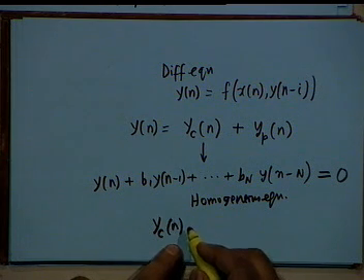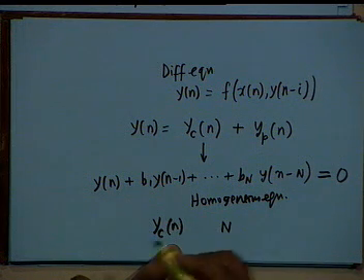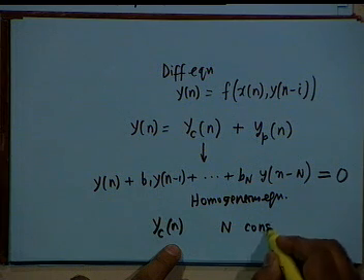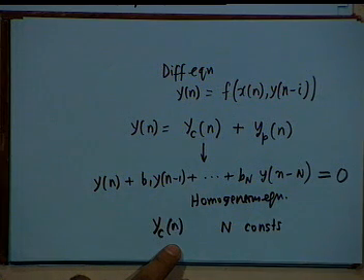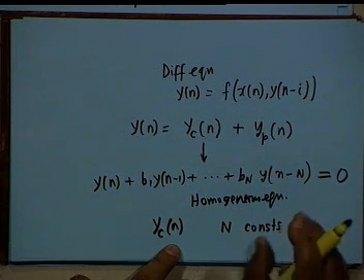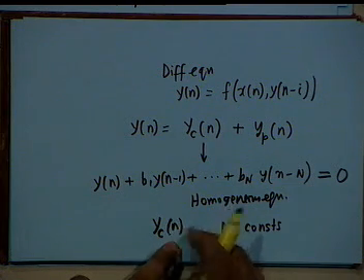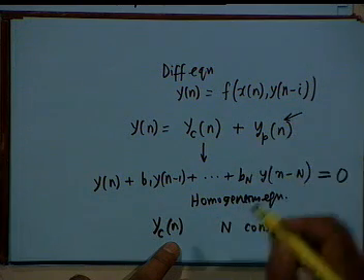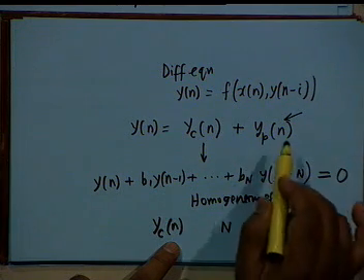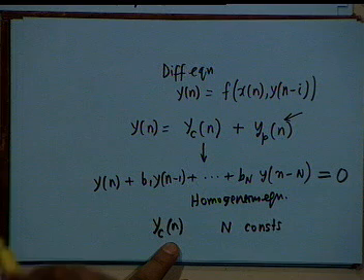Y c of n in general shall contain capital N number of constants, and these constants have to be evaluated from initial conditions, but not at this stage. You must first find out what is yp of n, add yp of n to yc of n, then put the initial condition.